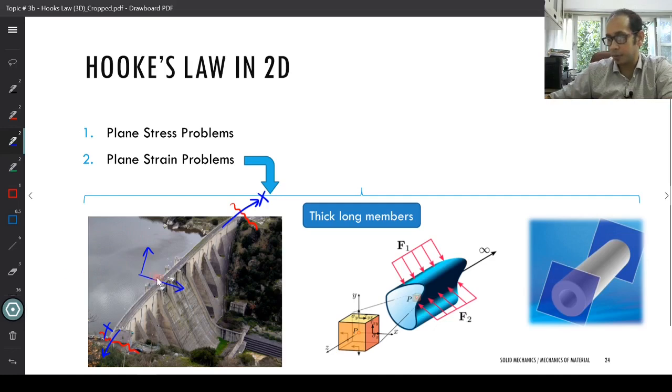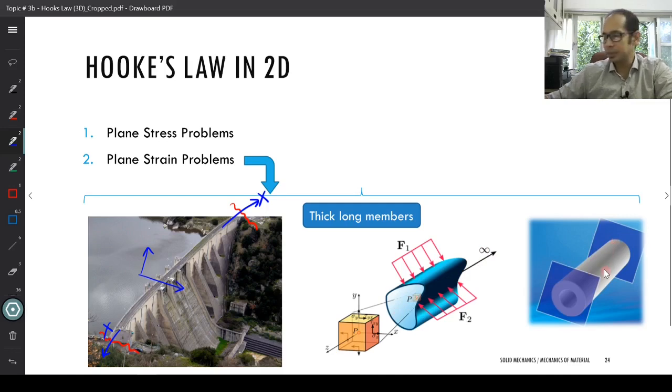You can have some amount of deformations about this direction, but no deformations allowed about these two particular directions over here. Essentially similar to this one, this is just the hypothetical representation of the dam that you have, right? Here you have all the forces and the deformations in this one, but no deformations are allowed about this particular axis over here.